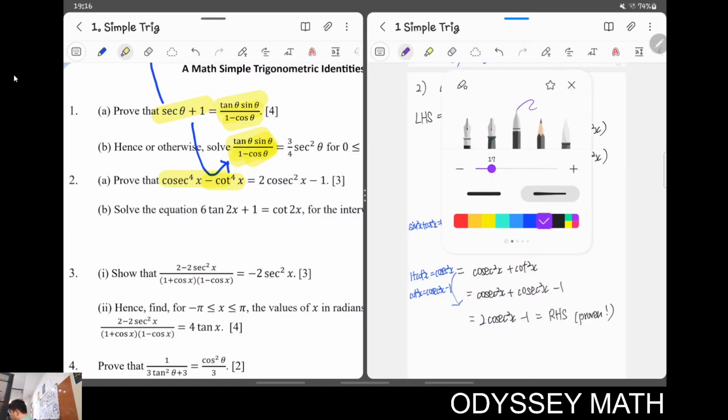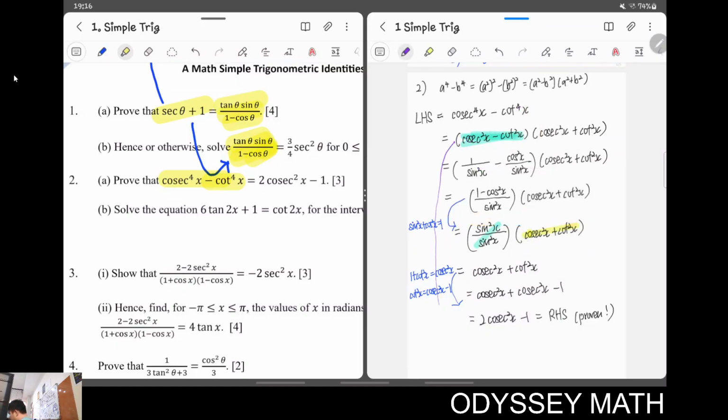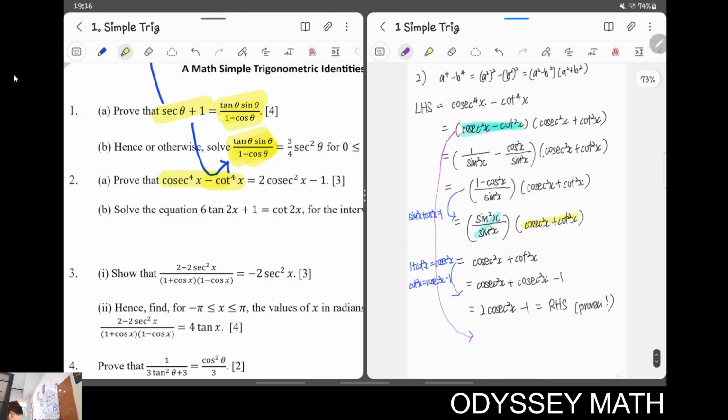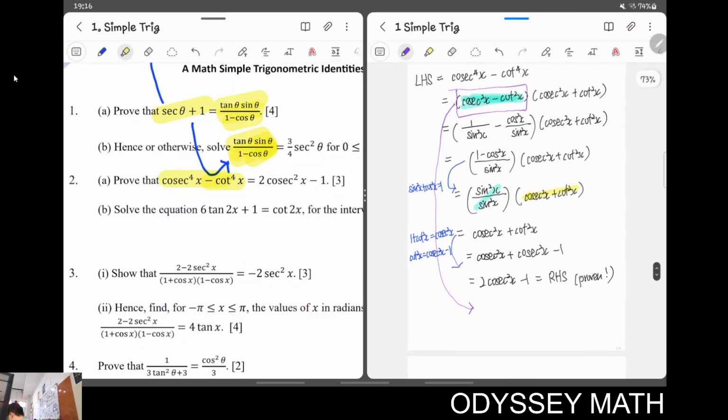Now you can write this in purple just for your info. There's an alternative way of showing that this is 1. Okay, this is another side. This is just additional stuff. So by the definition, over here, can you see that cotangent square x equals cosecant square x minus 1?